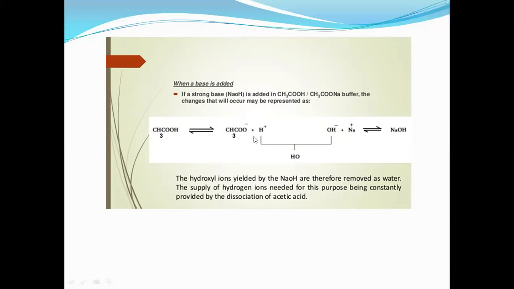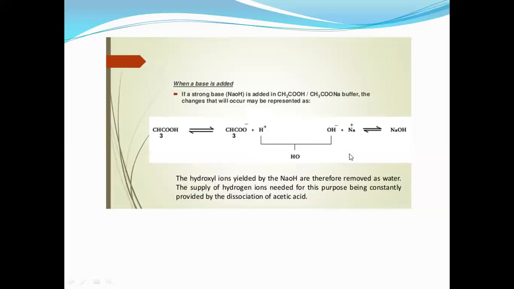Acetic acid is dissociated into acetate and hydrogen ions. When a strong base is added, NaOH is a strong base, that means it dissociates completely, into sodium and OH ions. So the OH and H combine, and they form H2O.